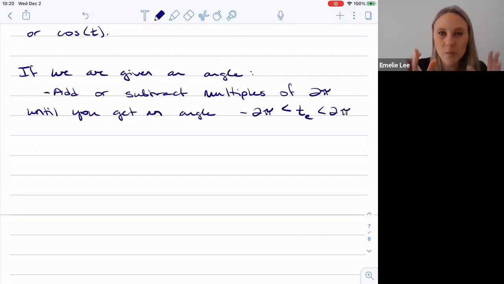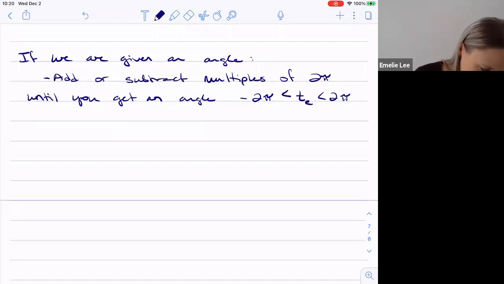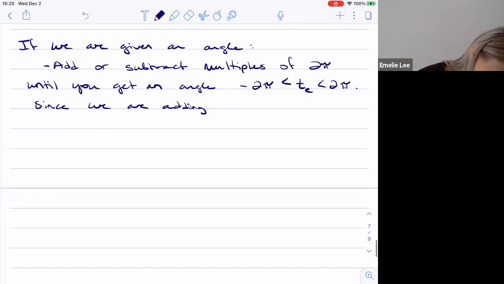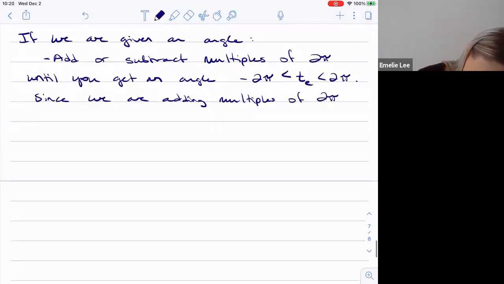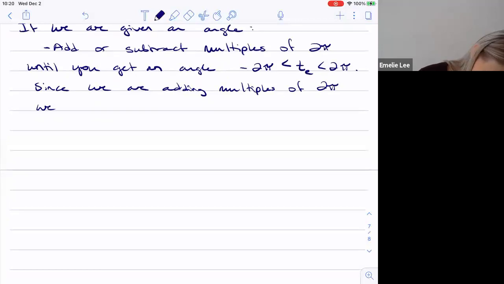So somewhere in that one cycle range. And since we are adding multiples of 2 pi, we will end up at the same terminal point.